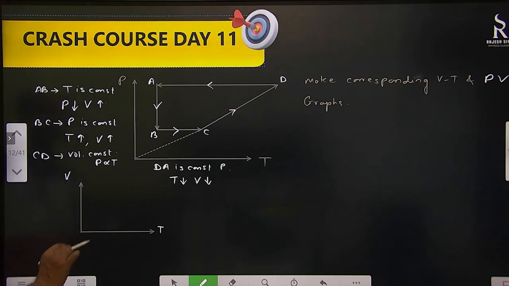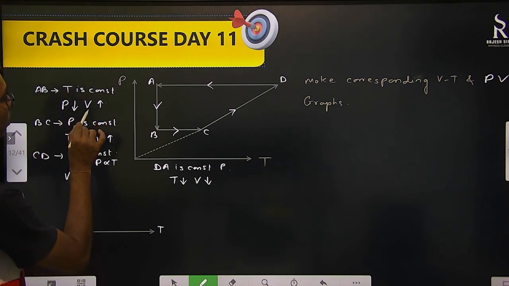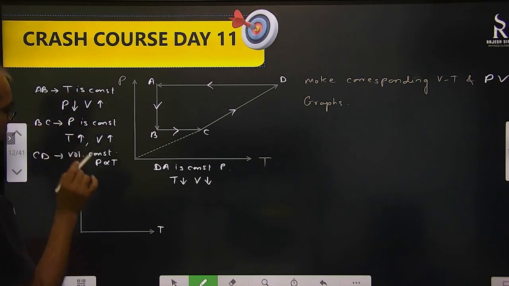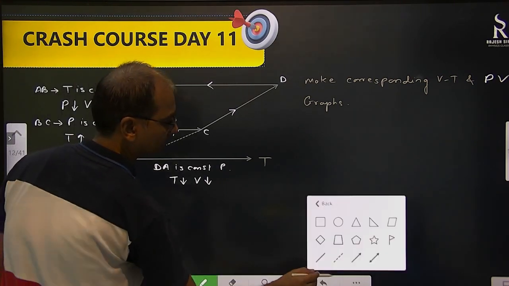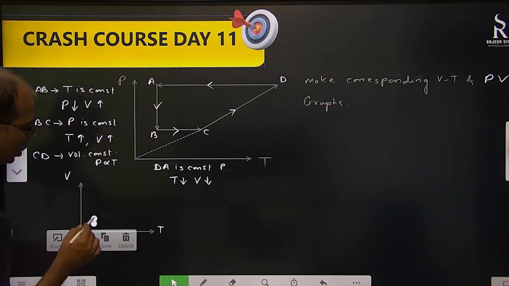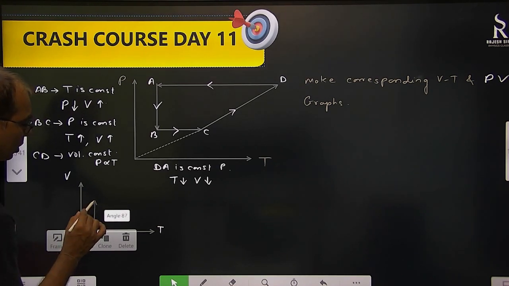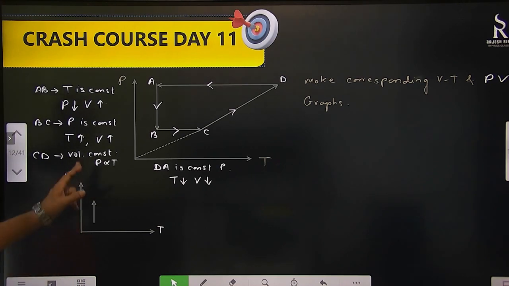Now we have to make a VT graph out of this. So what is the AB process? T constant. Volume is going up, pressure is going down. So temperature constant and volume going up. It's like this. Okay, this is AB.